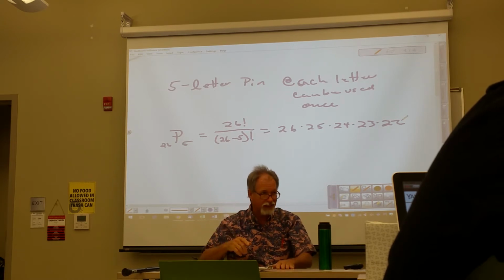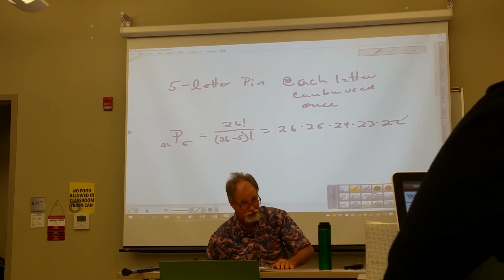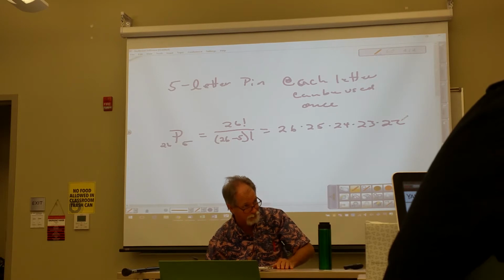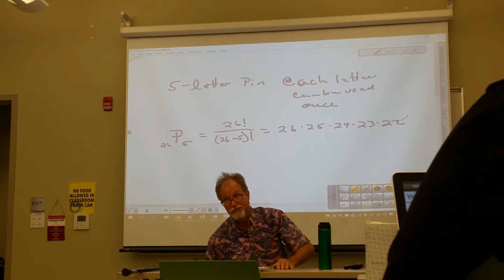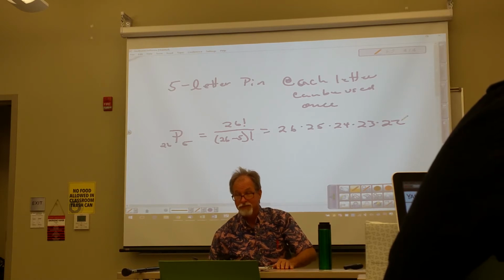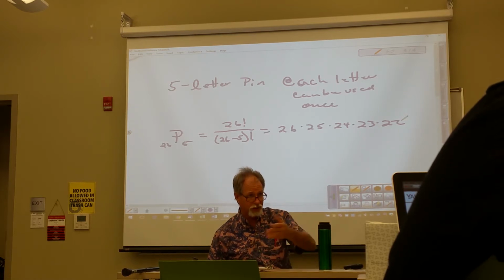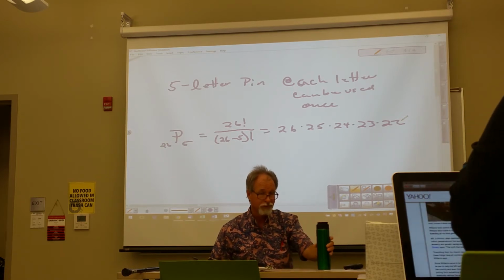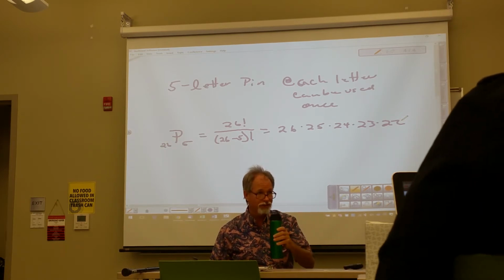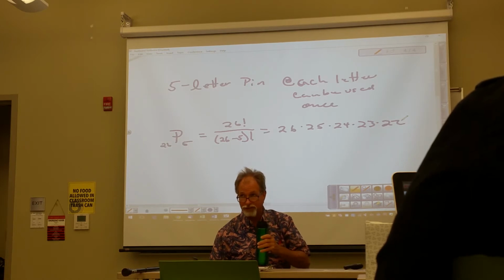So I can set this up as a permutation or a basic counting problem. If it's used once, then that'll be a permutation. Permutations and combinations are when I'm just using things once. And what's the difference between permutations and combinations? Order matters.